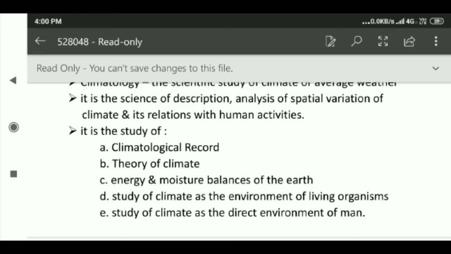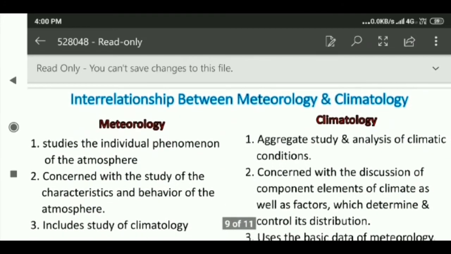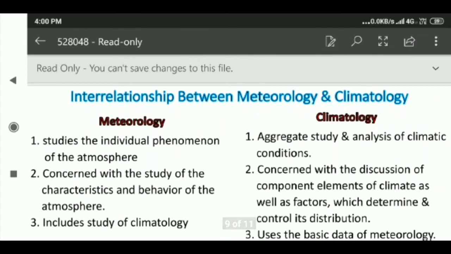Let us now do a comparative study of meteorology and climatology so that you can clearly look at this chart. This shows the comparative study and difference between the study of meteorology and climatology.